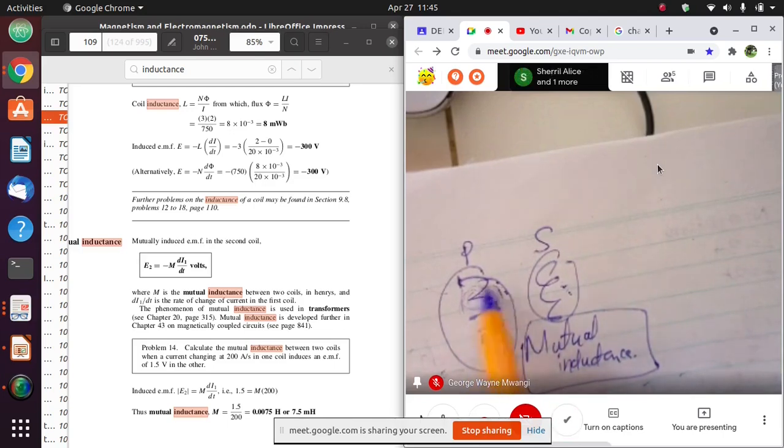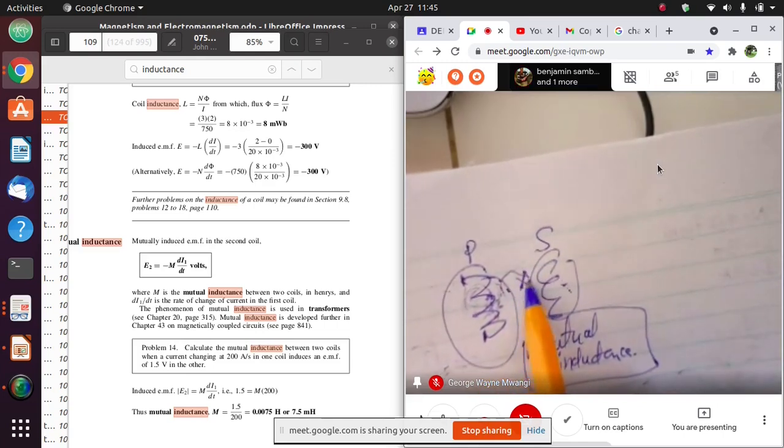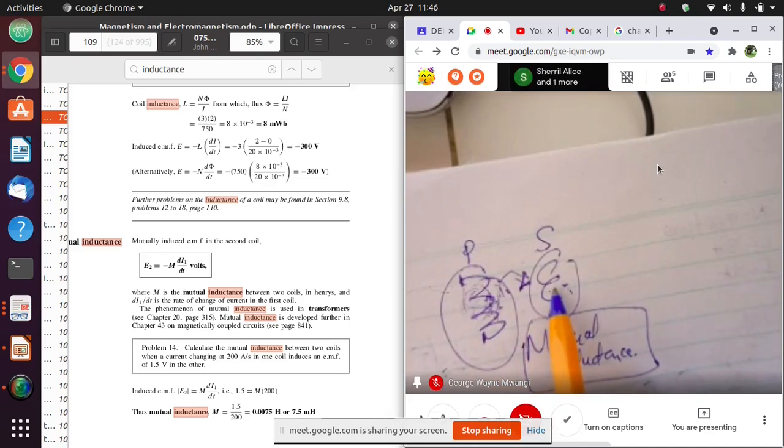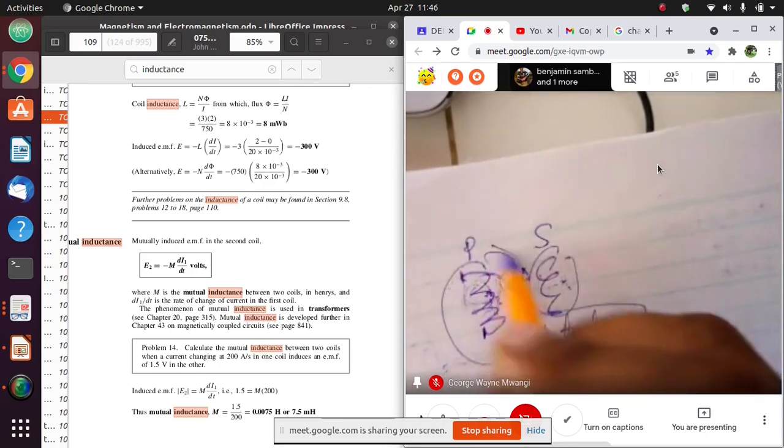Now, this EMF induced in this coil can induce another EMF in a circuit or in a coil that is near, because this conductor will have a magnetic field around it.